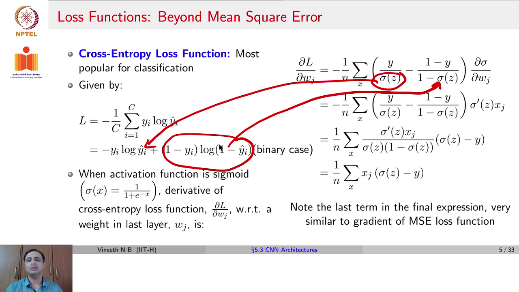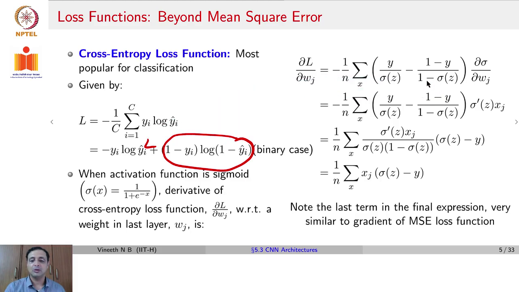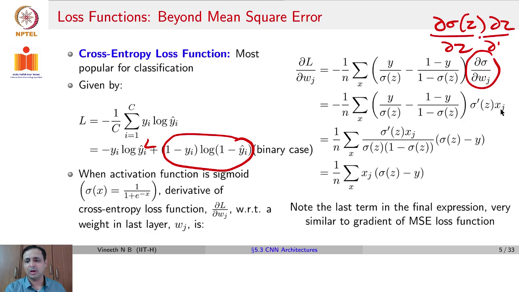Now, dou sigma by dou wj can be written as sigma prime of z into xj, because you would write it in two ways: dou sigma of z by dou z into dou z by dou wj. We know the gradient of sigmoid is sigma prime, and dou z by dou wj is xj.